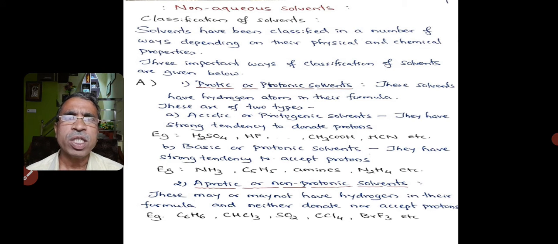The substance which is present in smaller quantity in a solution is called solute. The substance which is present in larger quantity in a solution is called solvent. And the mixture of solute and solvent together, a homogeneous mixture, is called a solution.